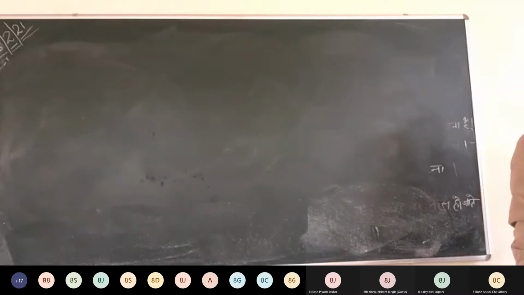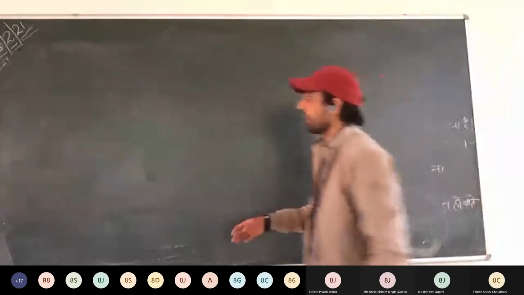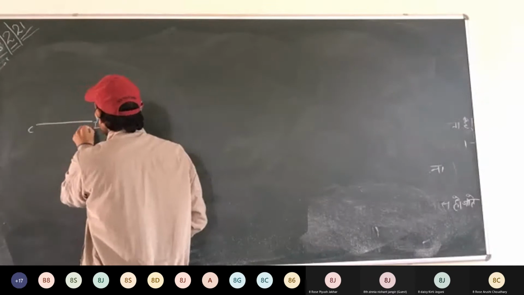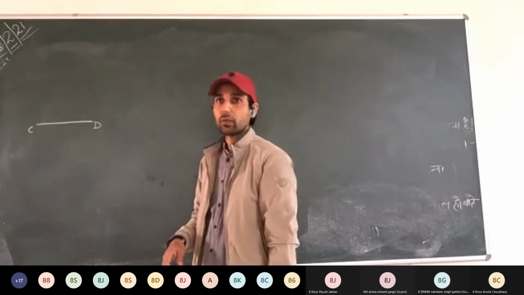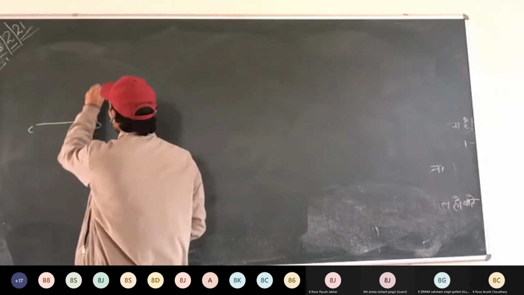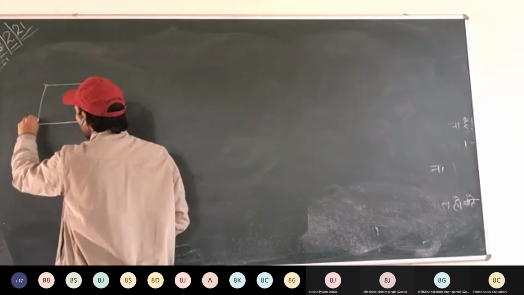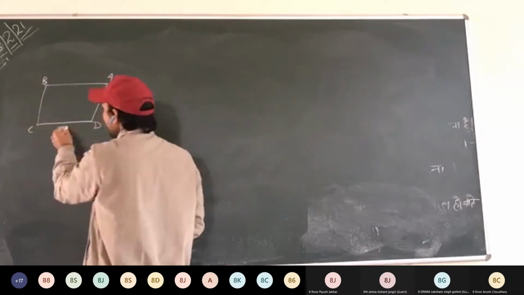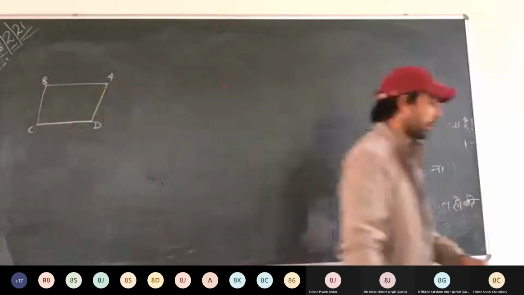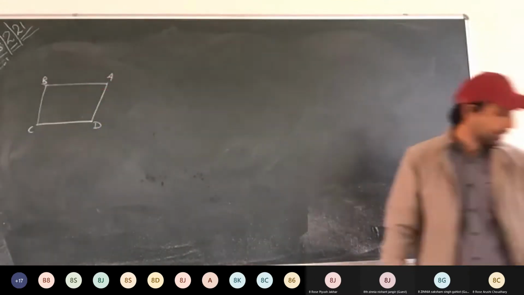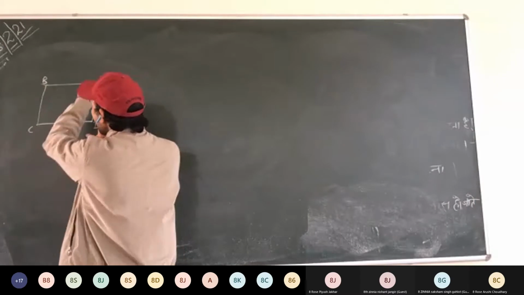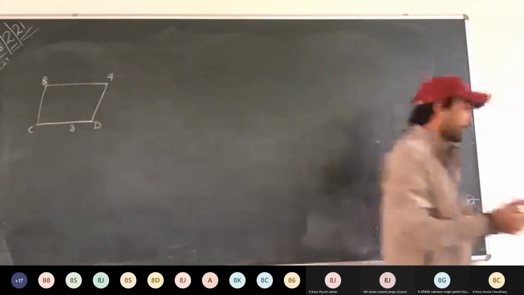So two diagonals and one side are given. Here CD is given. CD is given how much? 8 centimeters. BD is bigger than AC, so we draw that side.